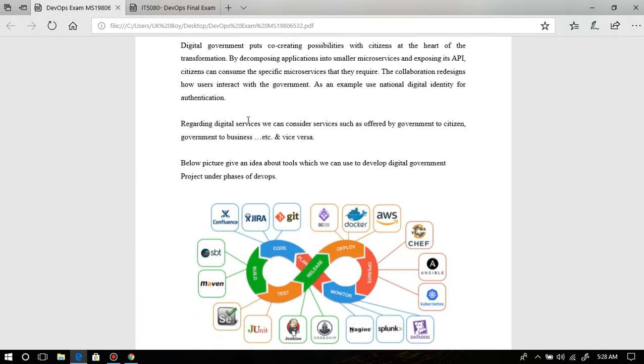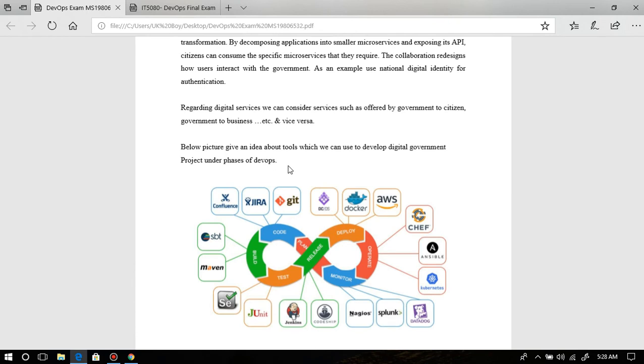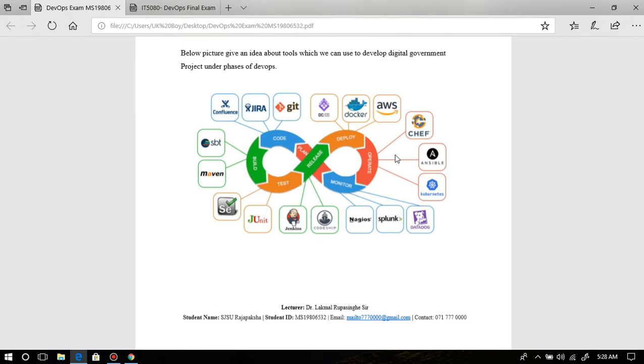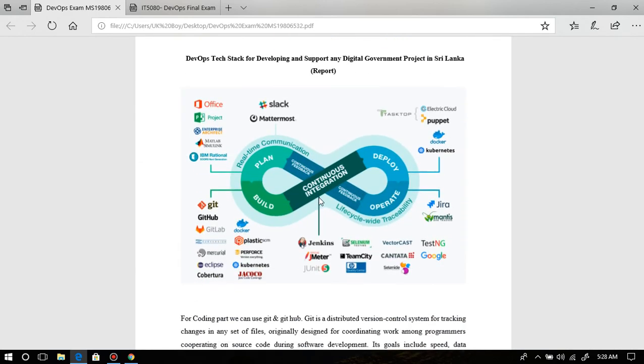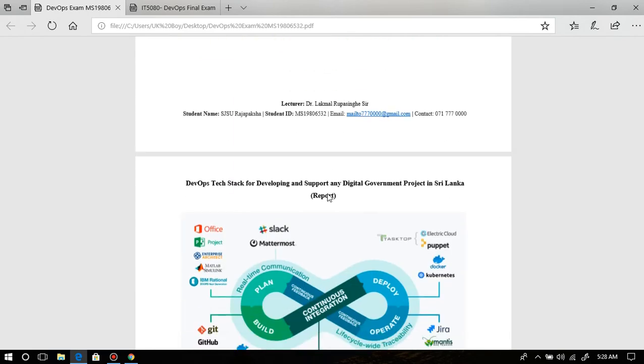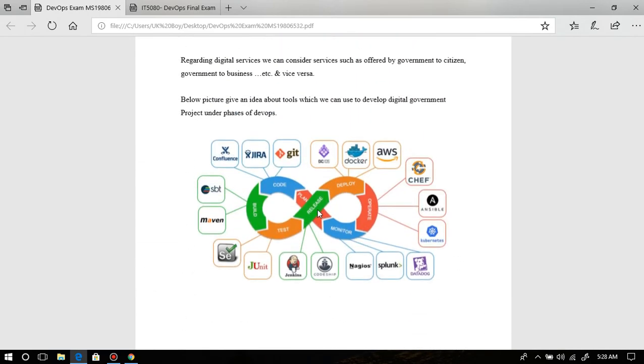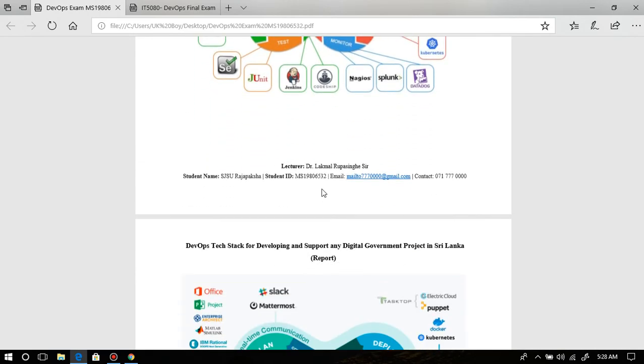Then after, I have added DevOps-based tools. It means the DevOps tech stack, which we can use to develop our digital government-based project. Here I have added two diagrams with the phases of a DevOps-based project.